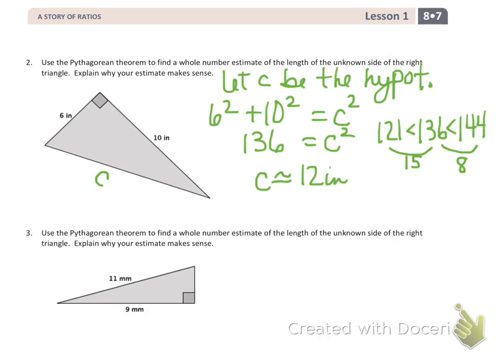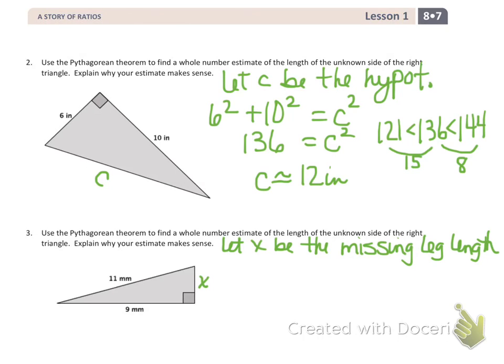Okay, one more. Number 3, once again, we're going to use the Pythagorean Theorem. I'm going to let this be x. So let x be the missing leg length. Okay, x is the missing leg length.